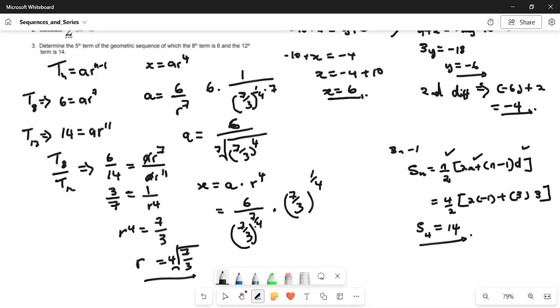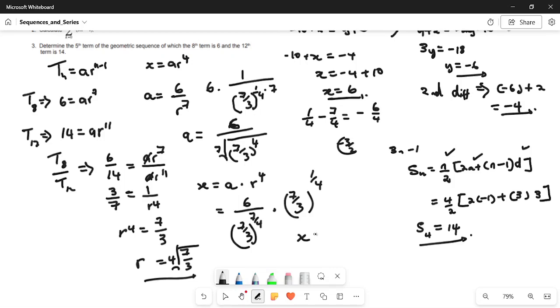And then I can find the difference of my exponents: a quarter minus 7 over 4 is negative 6 divided by 4, which we can simplify to minus 3 over 2.